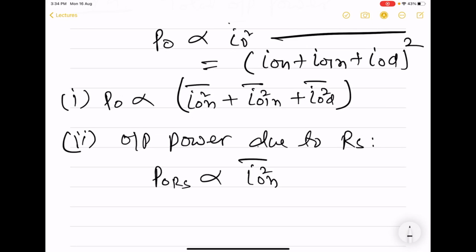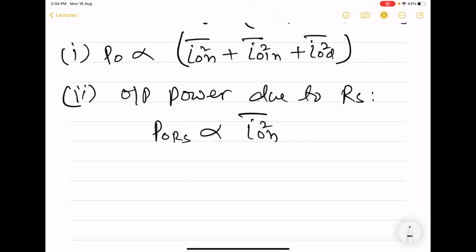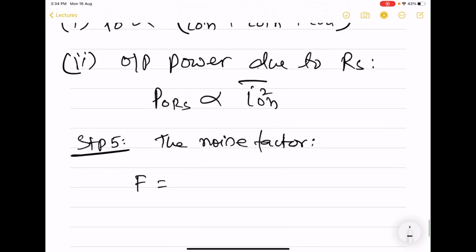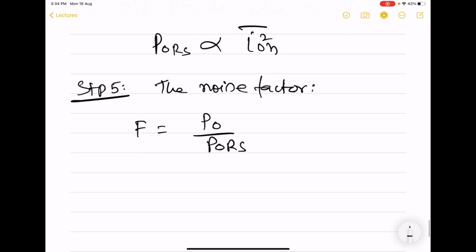In this case, we can find the noise factor: total output power divided by total output power due to RS only.